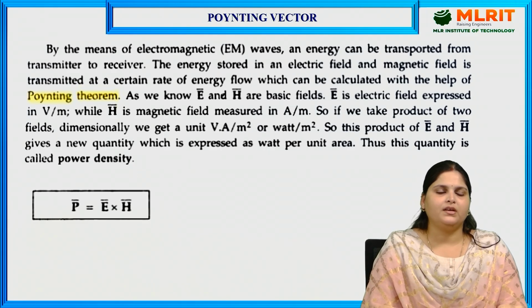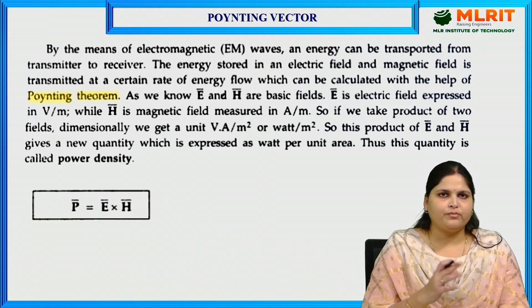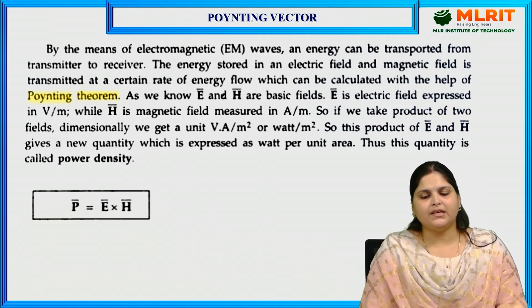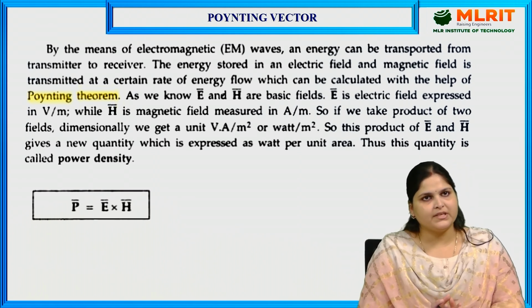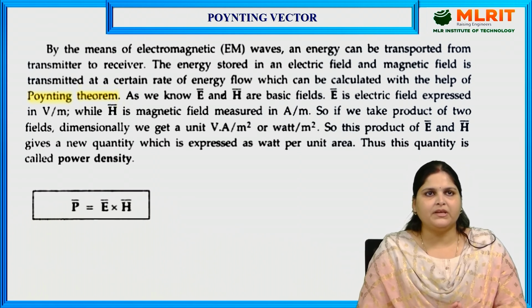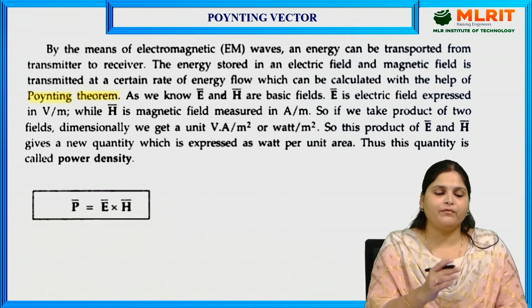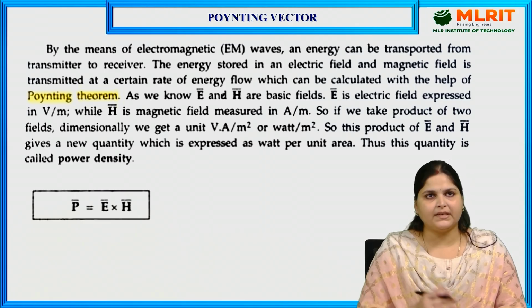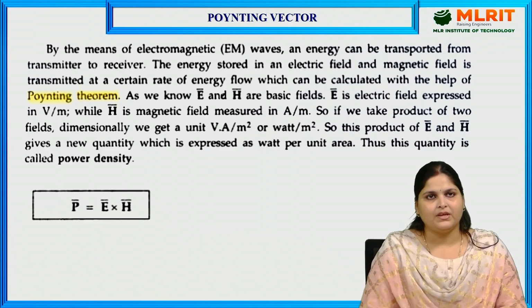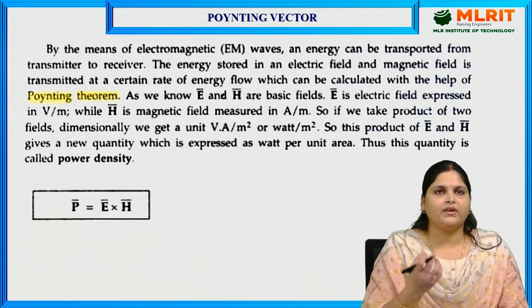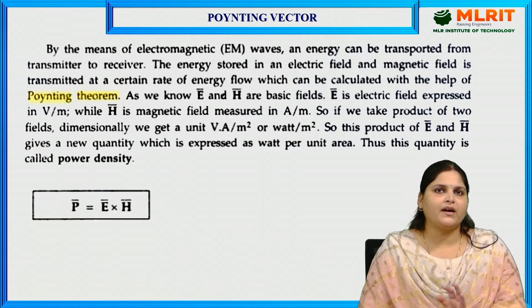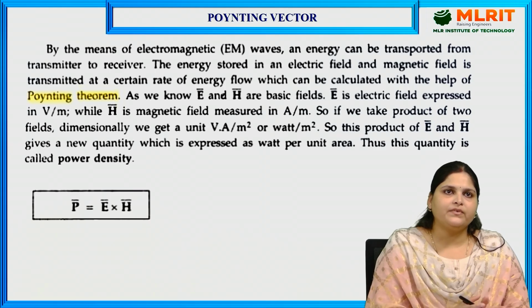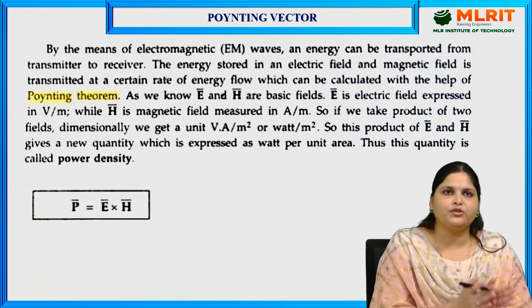By means of electromagnetic waves, energy can be transported from transmitter to receiver. Transmitter means the place from where the energy is being sent, and receiver means where the energy is received. So with the help of electromagnetic waves, we are transferring energy from the transmitting end to the receiving end.